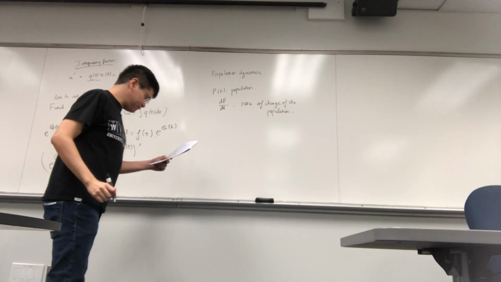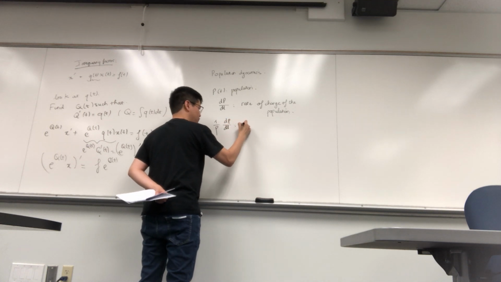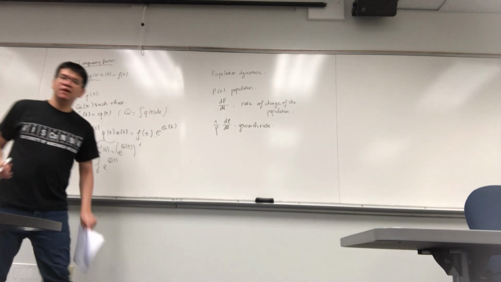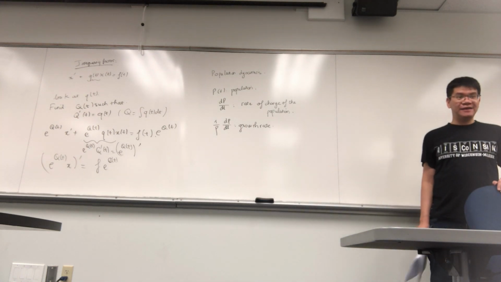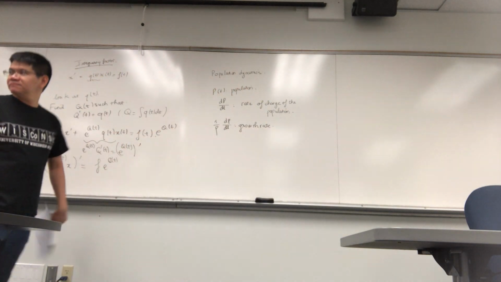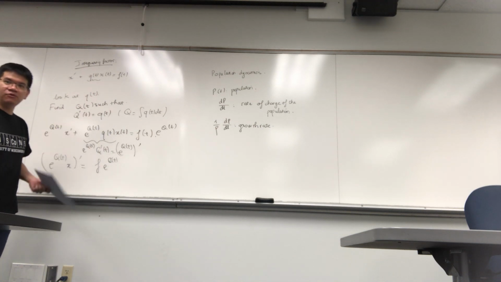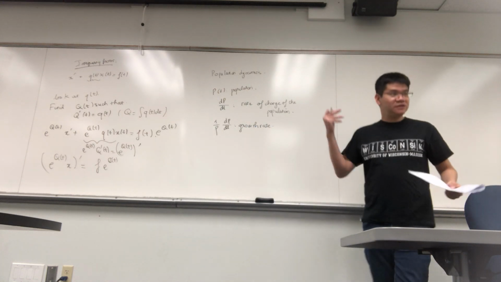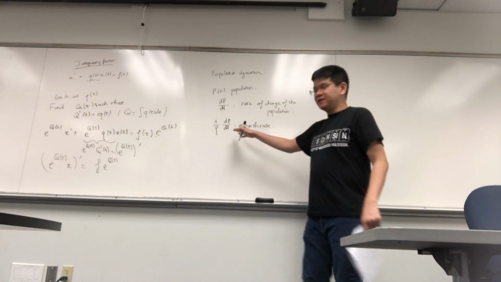And then 1 over P, dP over dt, is the growth rate. These are the quantities that we studied last time. Suppose that we have a population at time t, P(t), for instance 100 million people. The rate of change of the population is the derivative in time of this function P(t), and the growth rate is 1 over P, dP over dt.